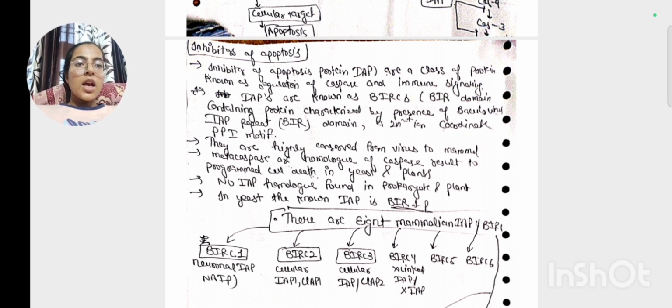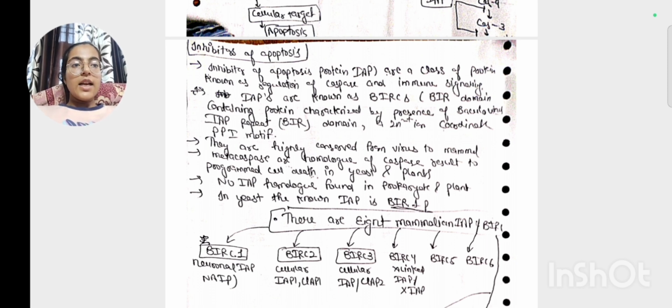They are zinc ion coordinating. They are highly conserved from virus to mammal, and metacaspases are the homologues of caspases, resulting in programmed cell death in yeast and plants. Basically, in yeast and plants, there are metacaspases which are equivalent to the caspases, resulting in the apoptosis of the cell, right?